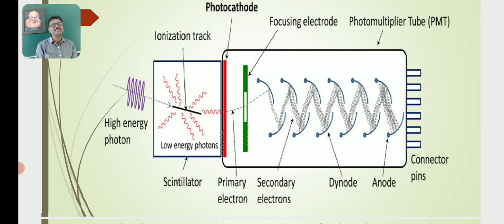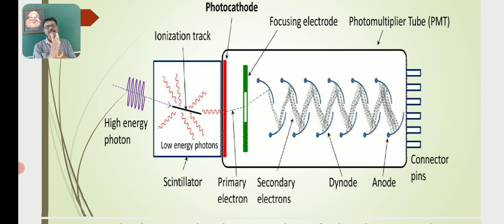They move towards the photocathode due to the photoelectric effect, where primary electrons are ejected.